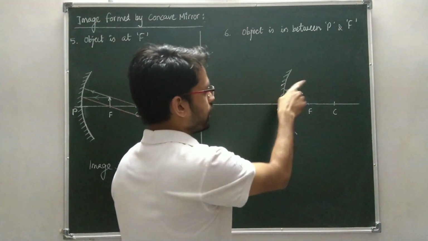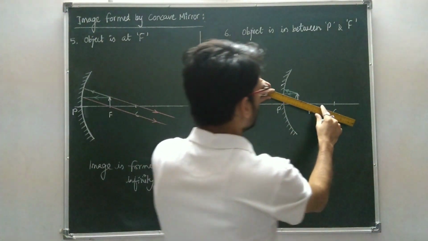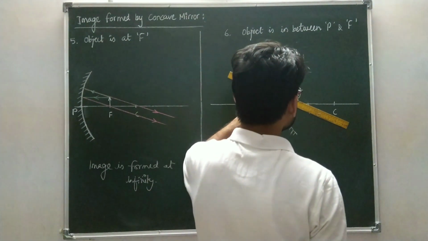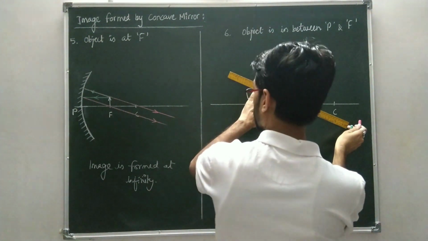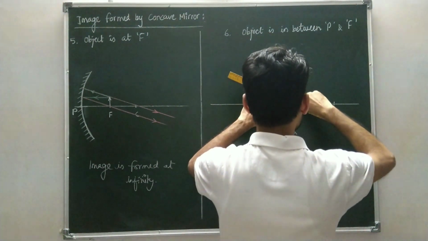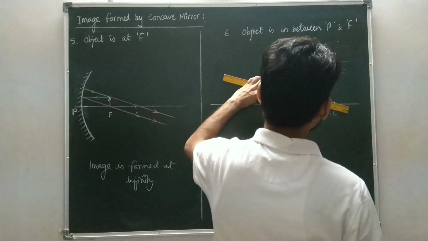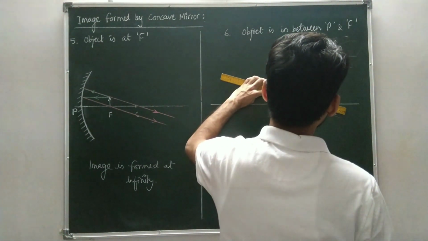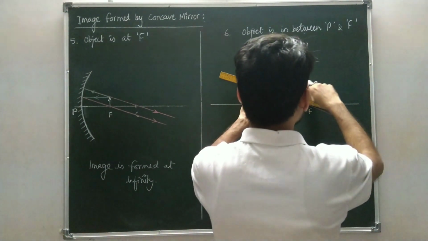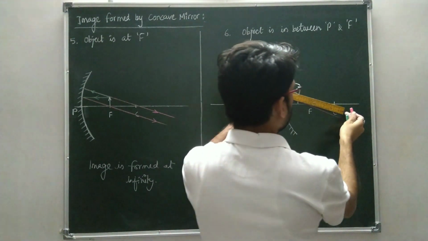Now draw the corresponding reflected rays. The first reflected ray will pass through focus and the second reflected ray will retrace the path of the incident ray.